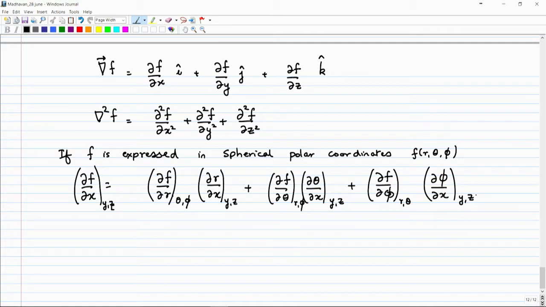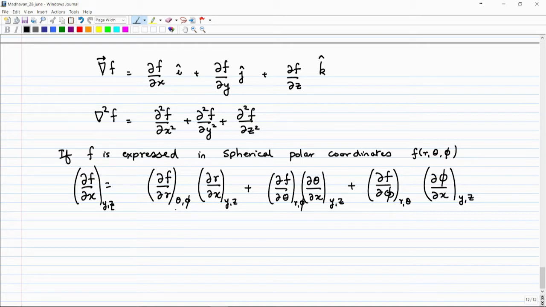Notice all I did was I wanted a derivative with respect to x of f. So, I take derivative of f with respect to r times derivative of r with respect to x, but f also depends on theta. So, I take derivative of f with respect to theta times d theta by dx. Similarly, it also depends on phi. So, I also take that, and this is the derivative with respect to x. Now, if you know this function as a function of r theta phi, you can evaluate this.